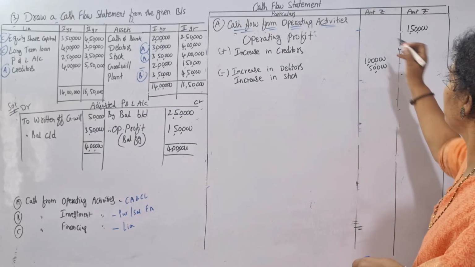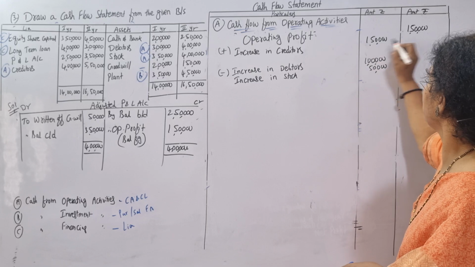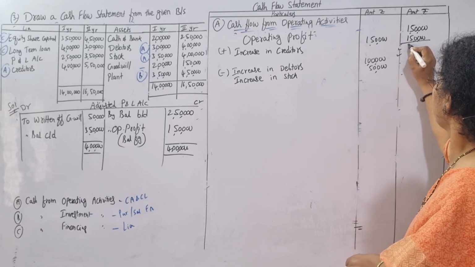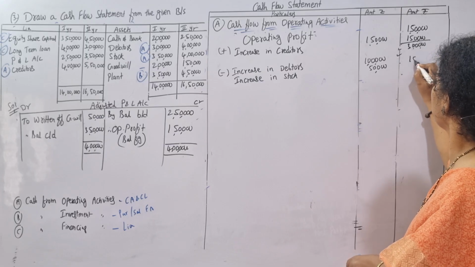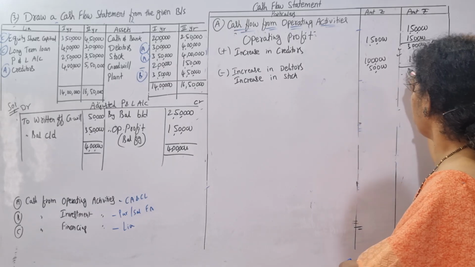It means 1,50,000 is increasing. If we add 1,50,000, it comes to 3 lakh. 3 lakh minus 1,50,000, we are getting here 1,50,000.